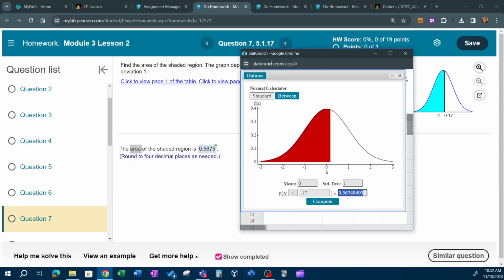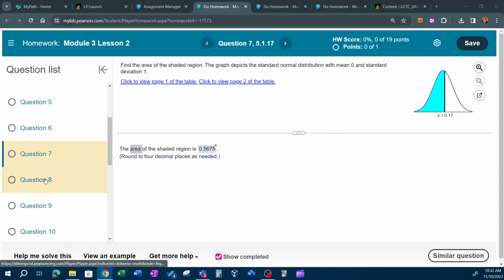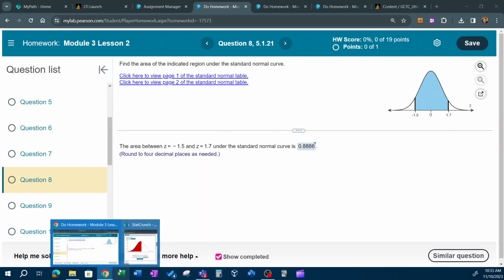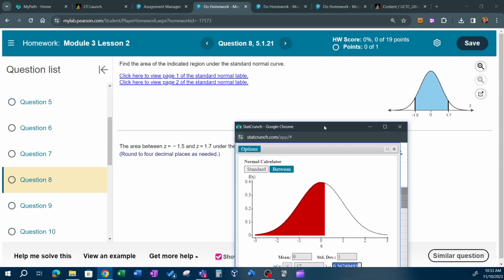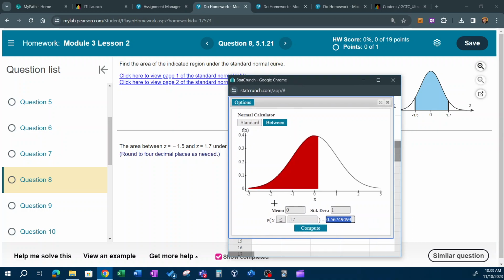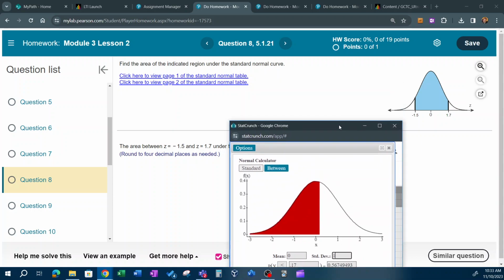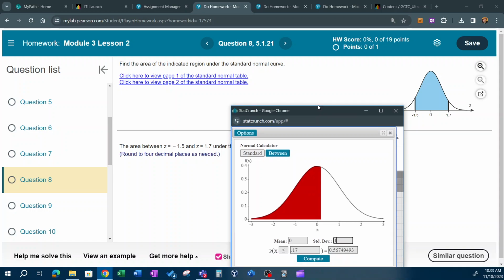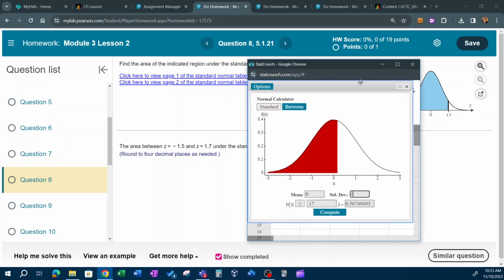So you would just copy and paste that in there and round to 4 decimal places. All these problems are going to be the same. This one doesn't say the mean is 0, but it does say standard normal. Standard normal curve. That means the mean is 0 and the standard deviation is 1. So when you see that word standard in there, that's an indication that you put a 0 and 1 in there.